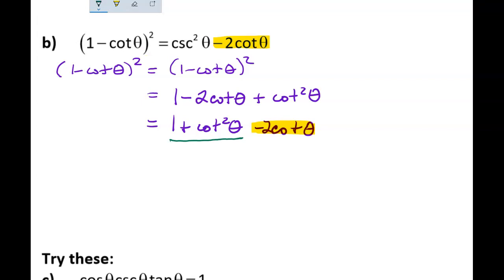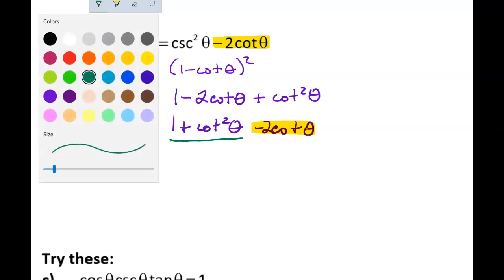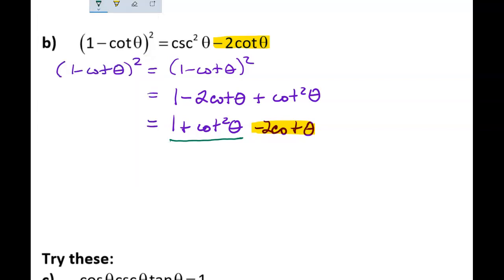And since we have a trig function that's squared, I'm going to suggest that we look at those Pythagorean identities. One of our Pythagorean identities is 1 plus cotangent squared of theta equal to cosecant squared of theta.